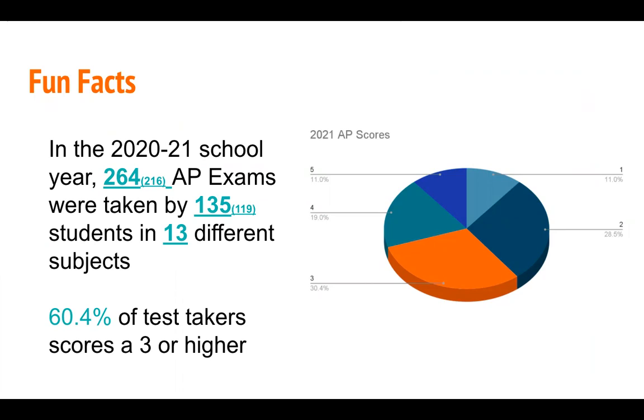So you'll see we had a pretty significant increase in not only students who've taken tests, but also the number of tests that they're taking. And we feel confident that that is because they value the high level of curriculum that our teachers offer them. A little bit more than 60% of our test takers score 3 or higher on the AP test.